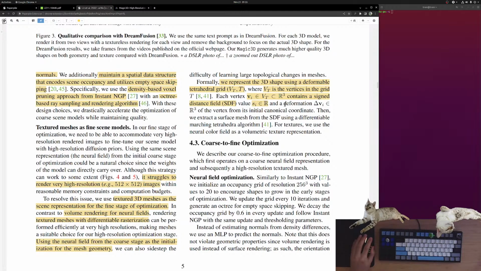And then a deformation delta VI in R3. Then we extract a surface mesh from the signed distance function using a differentiable marching tetrahedra algorithm. Okay.